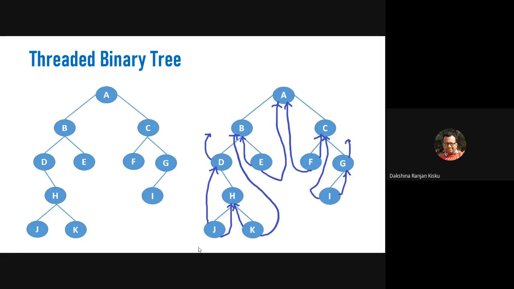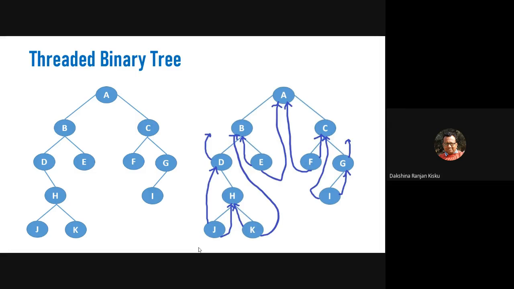Similarly, if we consider the node D, node D has the right child only, which is H. There is no left child of D. Therefore, we can have the left pointer set to the in-order predecessor.